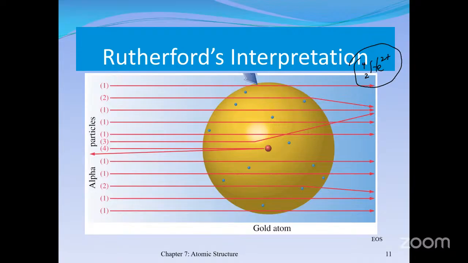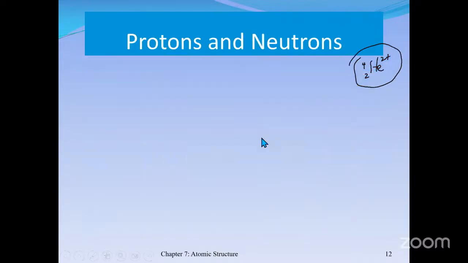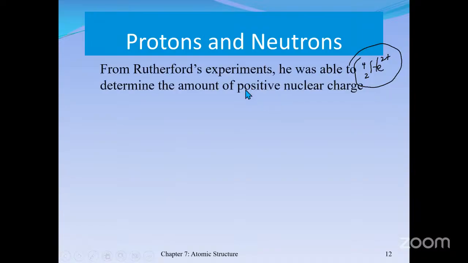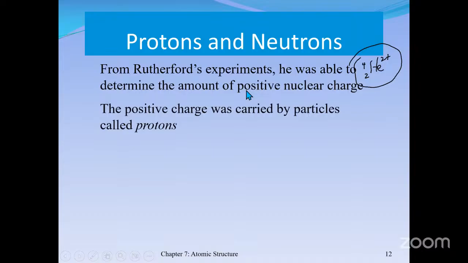Now, so far, up to this point, the electrons and protons were basically discovered, all right? Rutherford, that is, was able to determine the amount of positive nuclear charges, and these are carried by particles which we now call protons, right? So we know of the electrons.